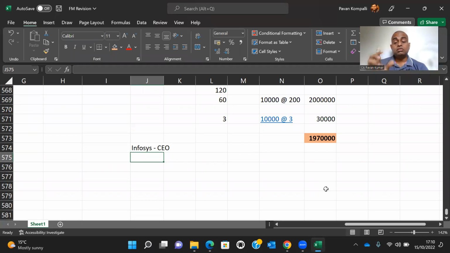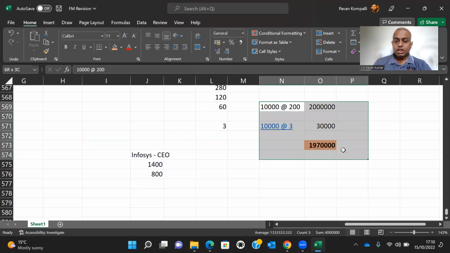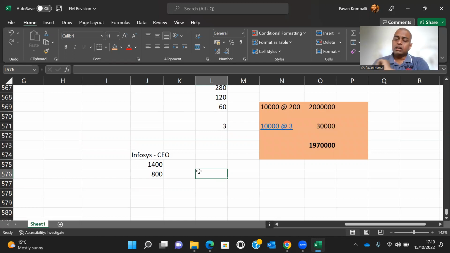So when I invest in Infosys at 1400 rupees, because of the CEO resignation it came to 800. Do you think this is a permanent fall? Or do you think there is a chance of recovery? Do I need to create any provision? No, it will bounce back. So, guys, in this situation, do I need to create a provision for fall in long-term investment?